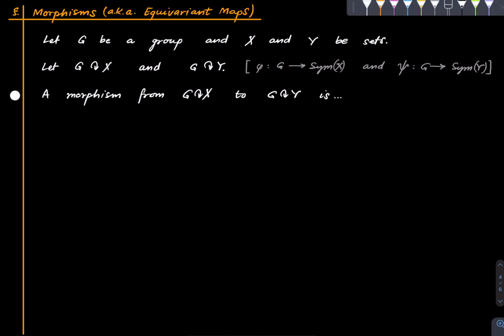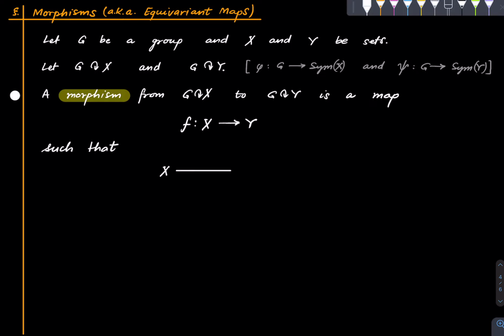Then a morphism from the first action to the second action is a map f from X to Y such that this diagram, the diagram on the previous page, commutes for each g in the group.